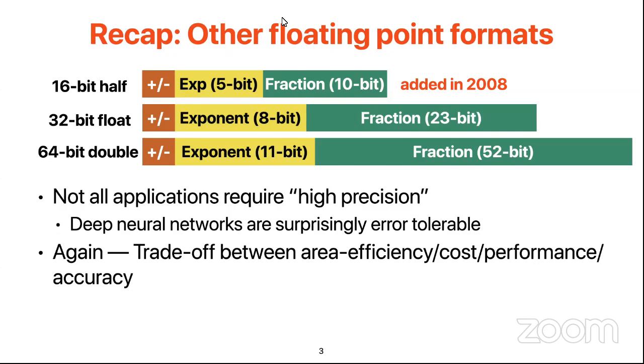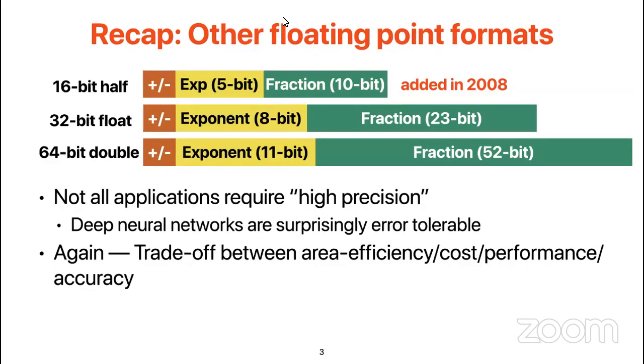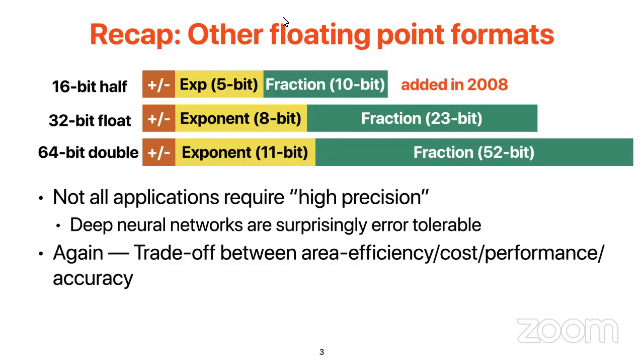However, what you are sacrificing is the precision. The numbers that you can represent with fewer bits are actually worse in precision and accuracy, so you have to be really careful about where you use them. If you have applications like neural networks and artificial intelligence, trust me, you can use less precise data types.